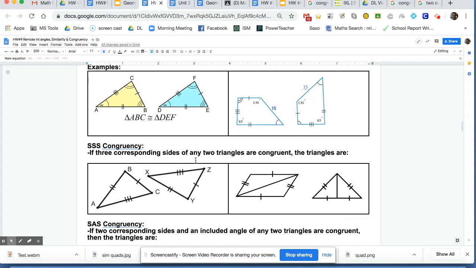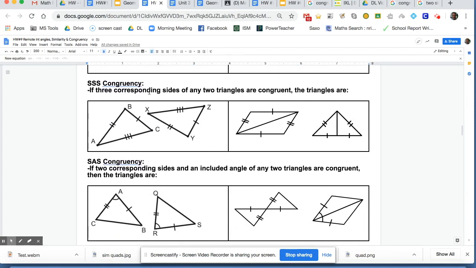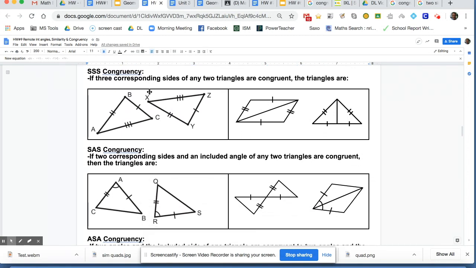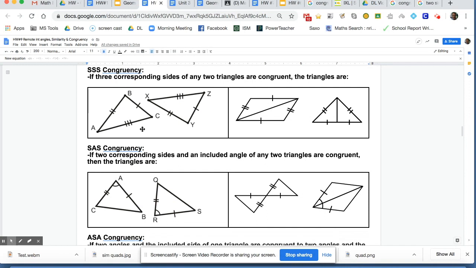It's important that we make sure that we get the corresponding parts. Now, when we look at triangles, again, there are some shortcuts. We don't need to have all of that information to determine if they are congruent. Here's an example where we have side, side, side congruency. If there are three identical sides that correspond to another triangle, those are congruent.